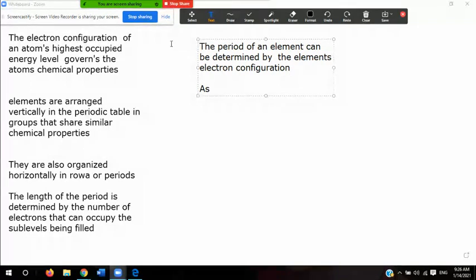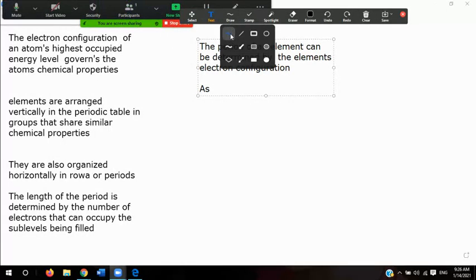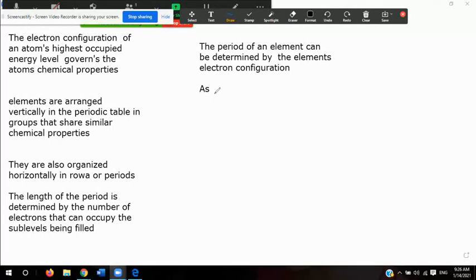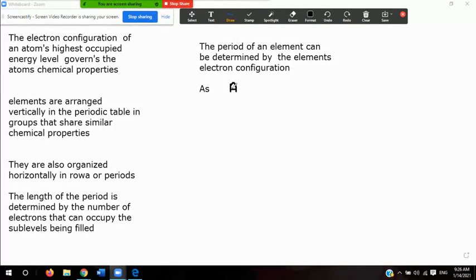And arsenic has an electron configuration of argon 3d10, 4s2, and 4p3.